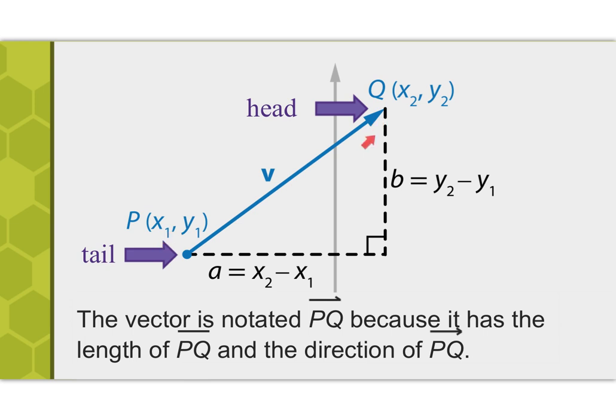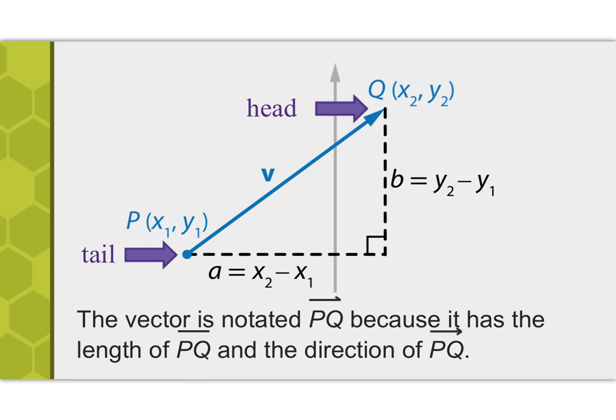Tail, head. You can think of it like a plane: the tail of the plane, the head of the plane. It does matter which way you list it. From P to Q is one direction, from Q to P is a different direction. Therefore, it is a different vector, because with vectors we're going to deal with angles as well. So angular measure will matter if you are going one way or the other.